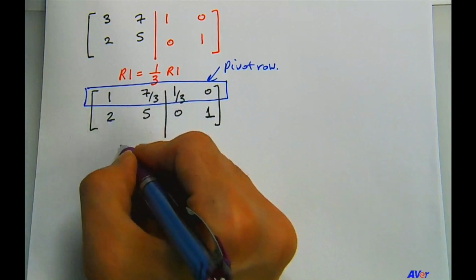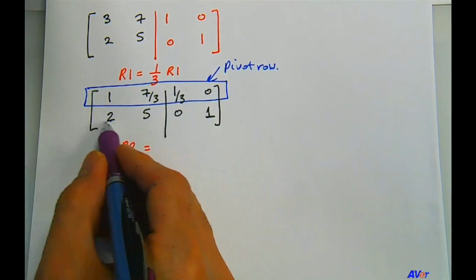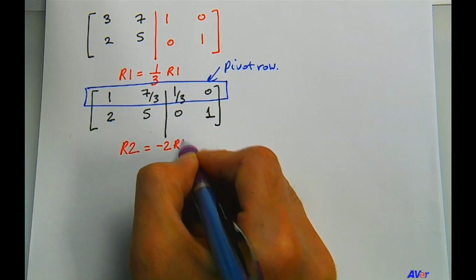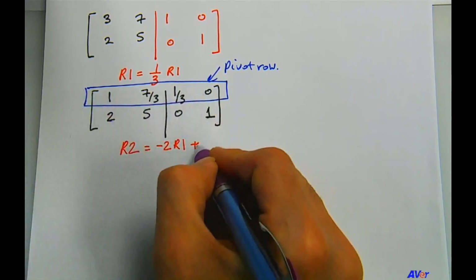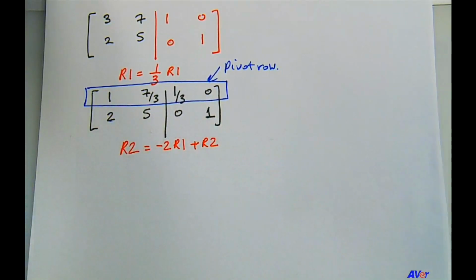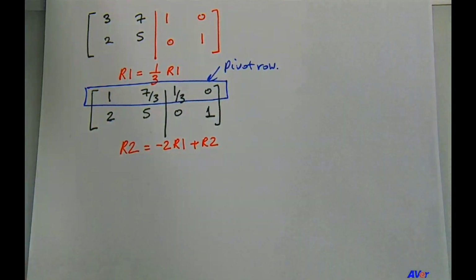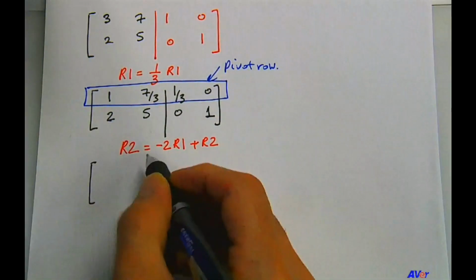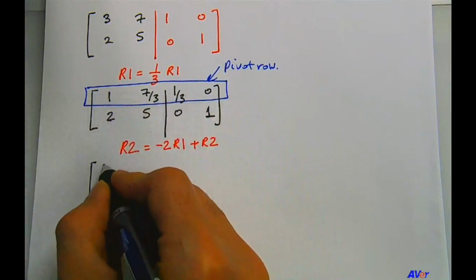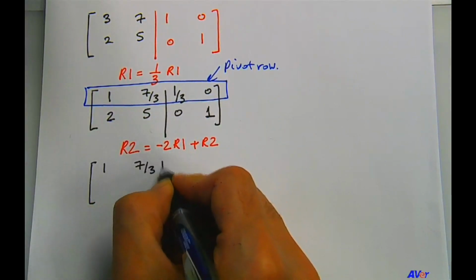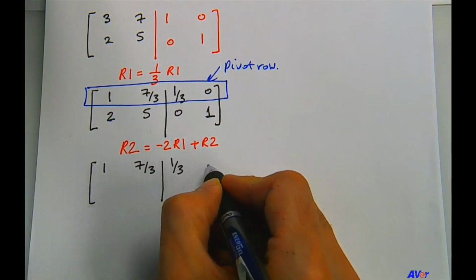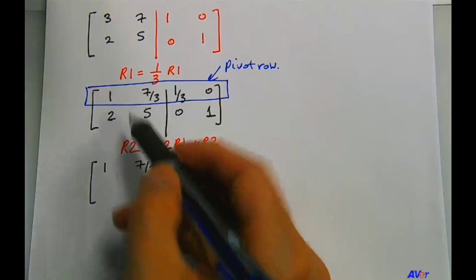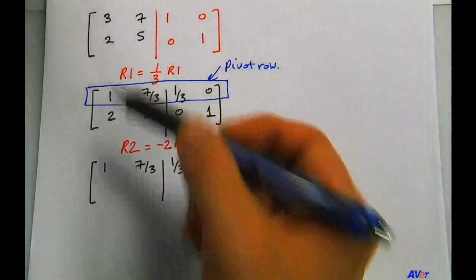So let's do that. Row 2, because we're changing row 2, equals -2 times row 1 plus row 2. Okay, so let's write down the next matrix. The first row is not changing because it's the pivot row. -2 times 1, -2, plus 2, is 0.